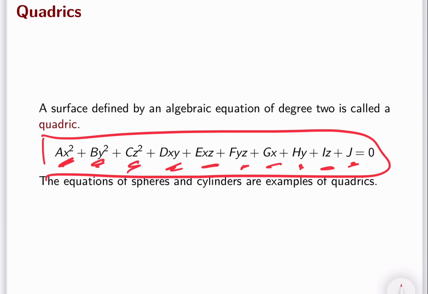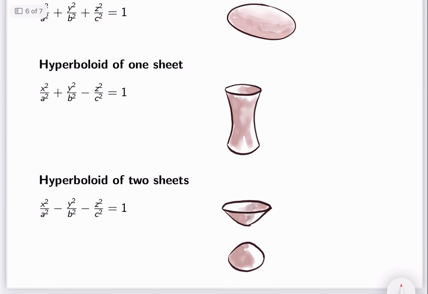So an equation like this will define what is called a quadric. A quadric is a generalization of the familiar conics. You are familiar with ellipses, hyperbolas, and parabolas. So a quadric is going to be a generalization in the three-dimensional space of the familiar conics. And in particular, the equations of the spheres and cylinders are going to be examples of quadrics.